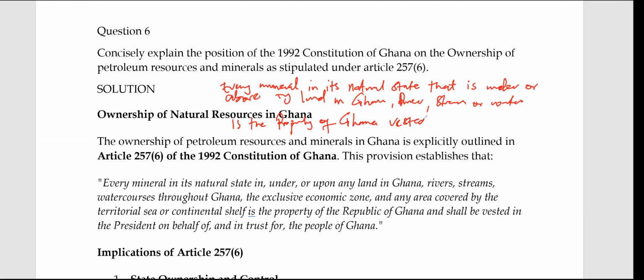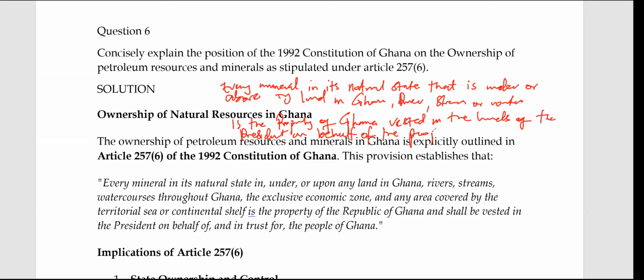vested and shall be vested in the hands of the president, on behalf of and in trust for the people.